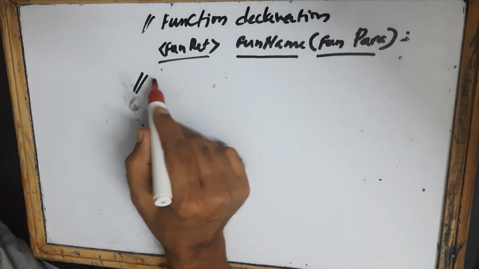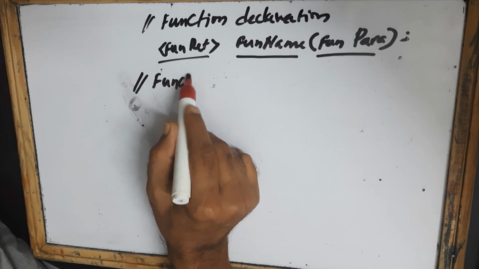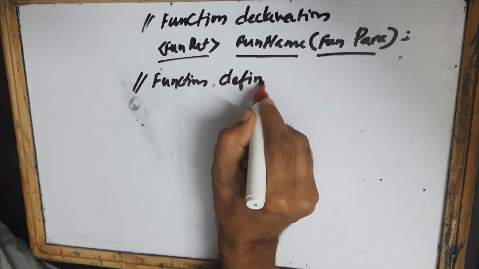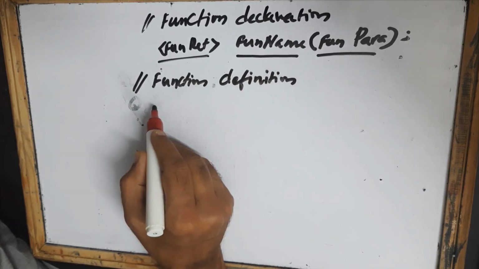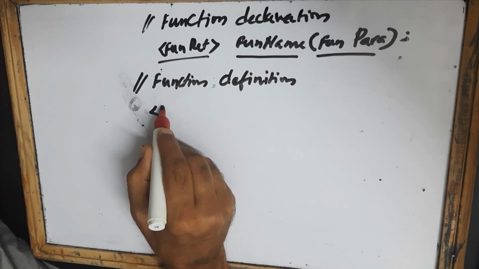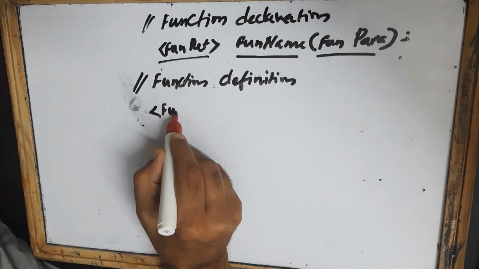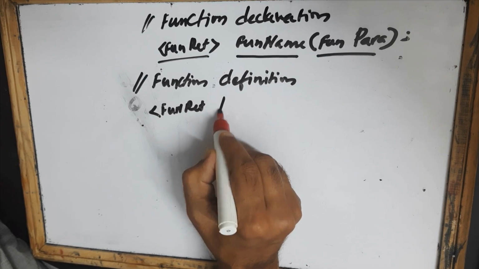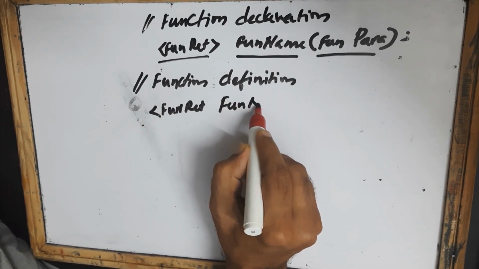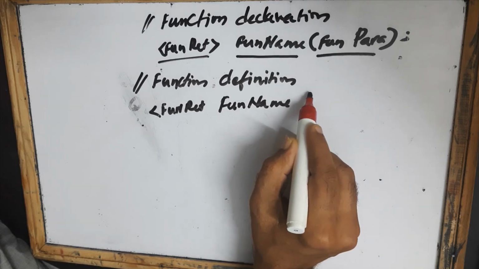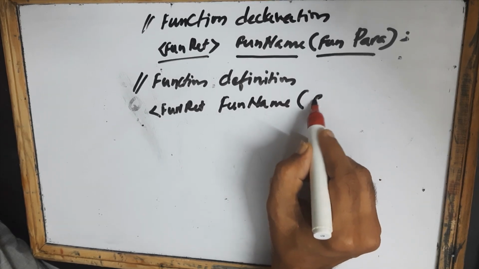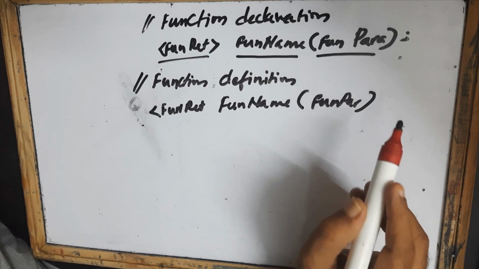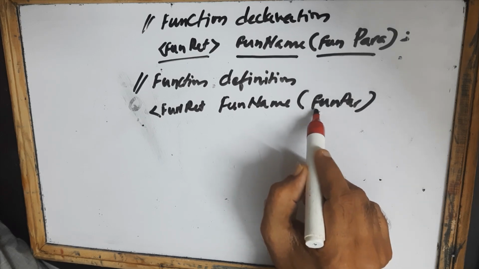Then we will have a function definition. Here you can have again the same function return, function name, function parameter, and it remains the same.